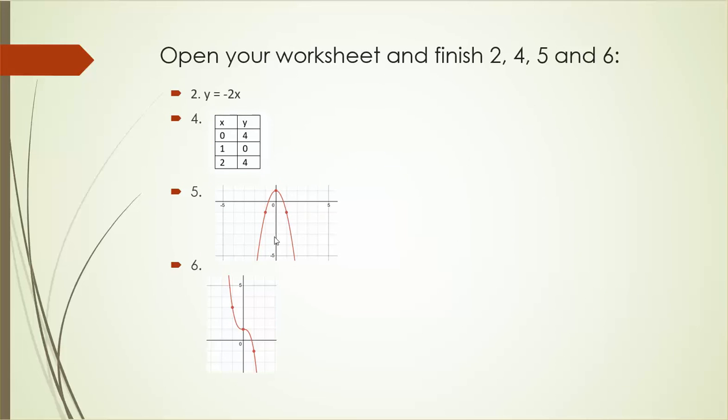All right, now I want you to finish on your own 2, 4, 5, and 6 from your worksheet. So just pause this video while you answer linear or nonlinear for each of these questions. Linear or nonlinear for the rest of this part. And when you're done, start the video up again.